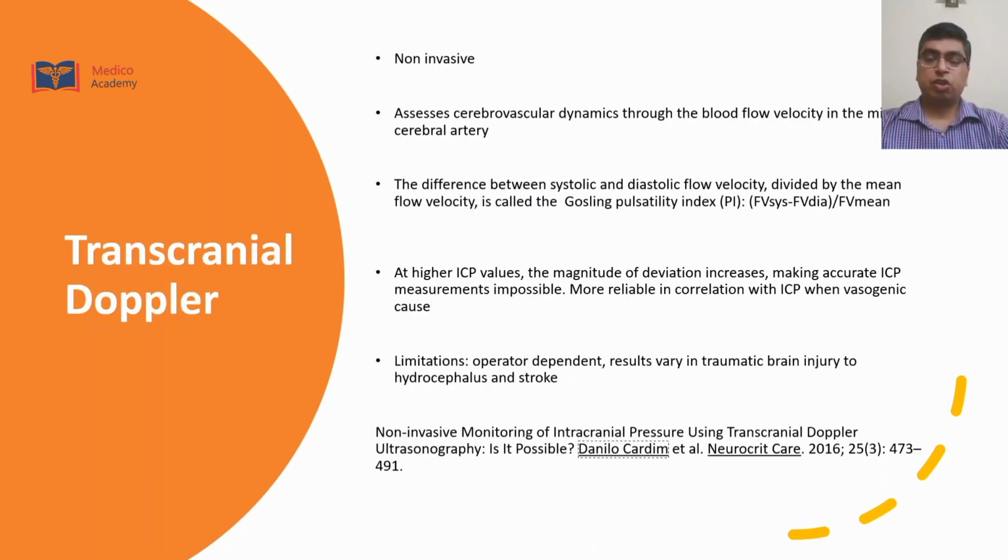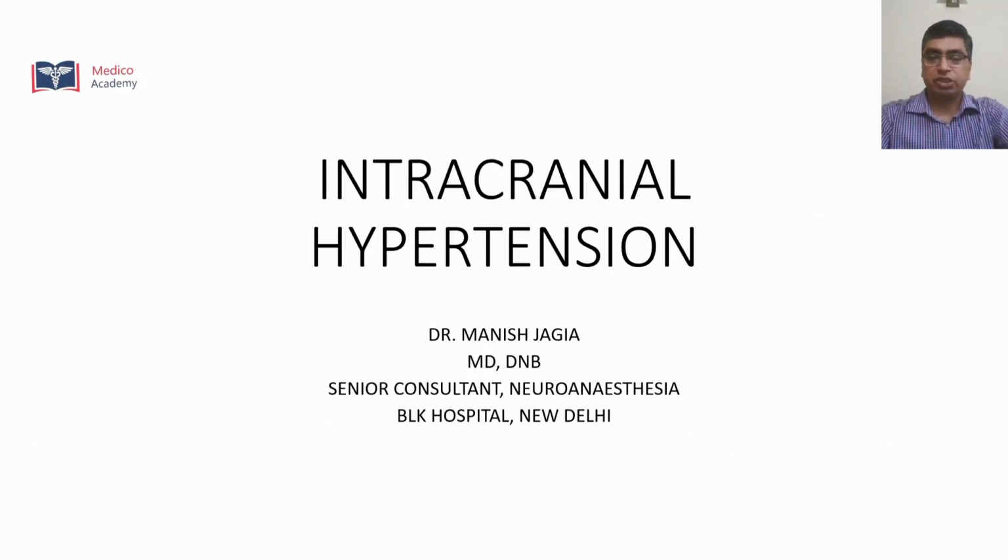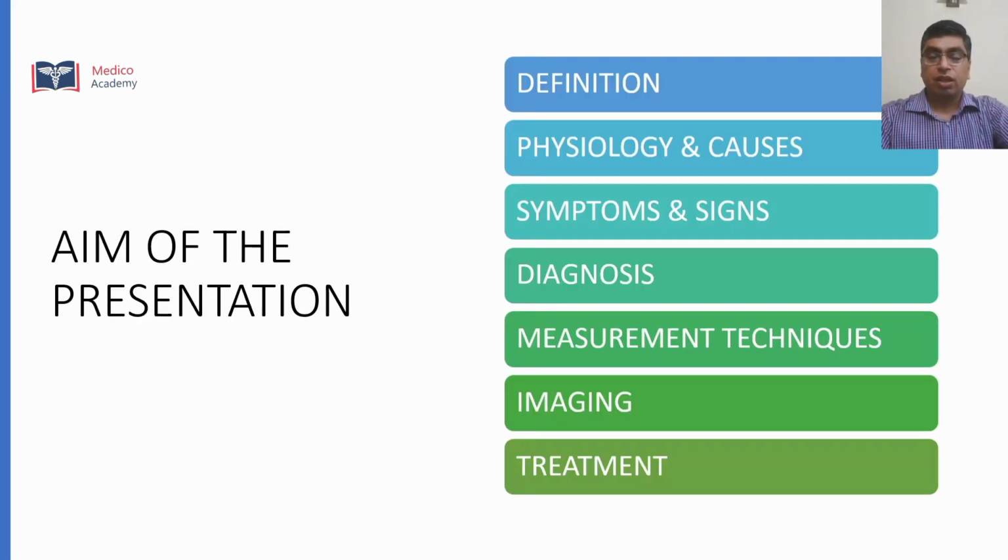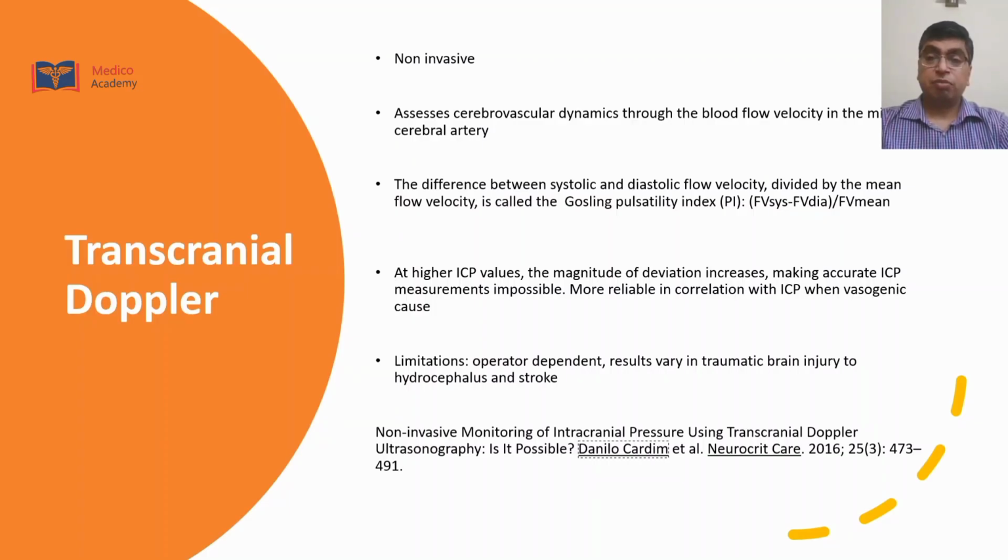Transcranial Doppler is a non-invasive method of measuring intracranial pressure. In this we measure the blood flow velocity in the middle cerebral artery, and the systolic and diastolic flow velocities are measured, and the deviation or changes in that help to give us a possible ICP reading.